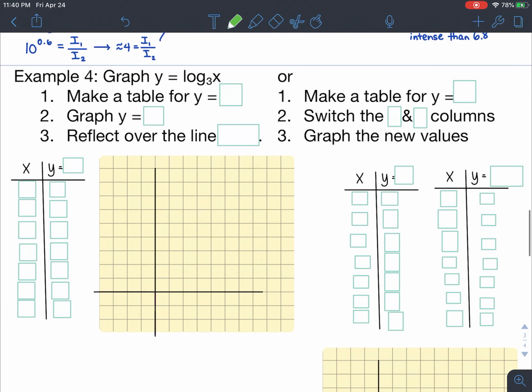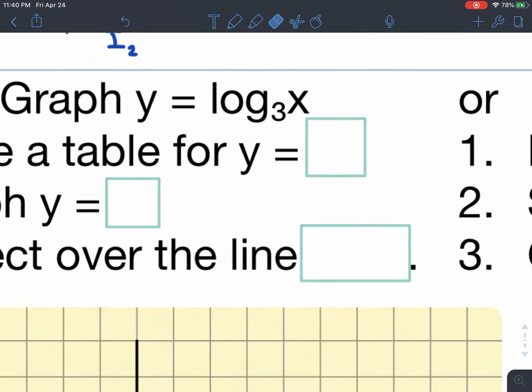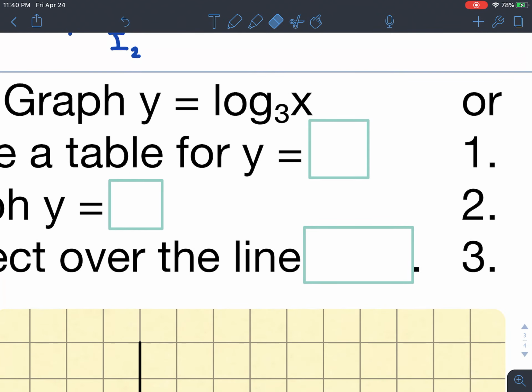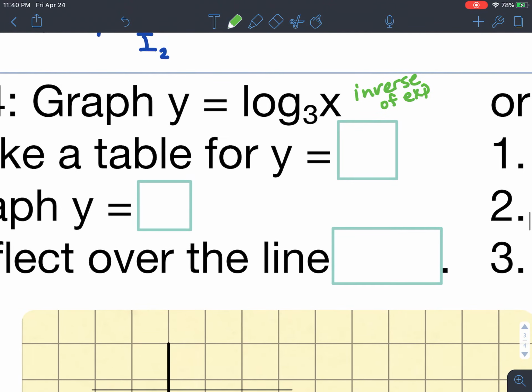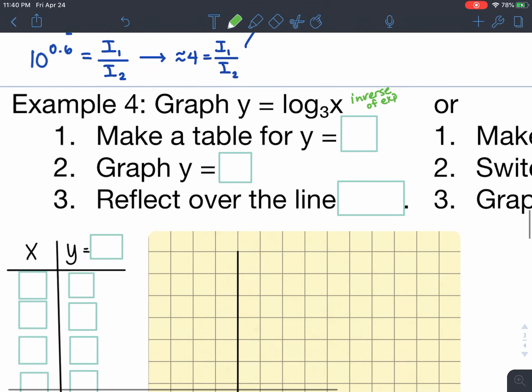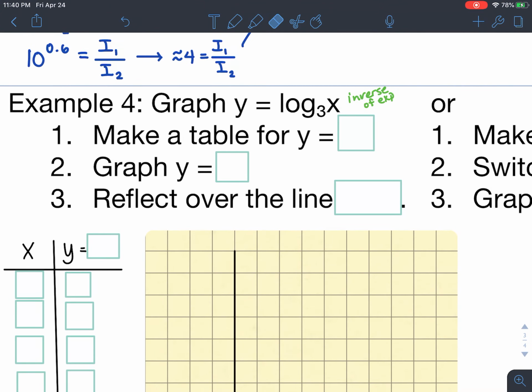Okay. Now we're going to graph some logs. So let's think about this. We're going to graph log base 3 of x. But remember that logs are the inverse of exponentials. So if we have log base 3 of x, the first thing we're actually going to do is make a table for y equals 3 to the x.